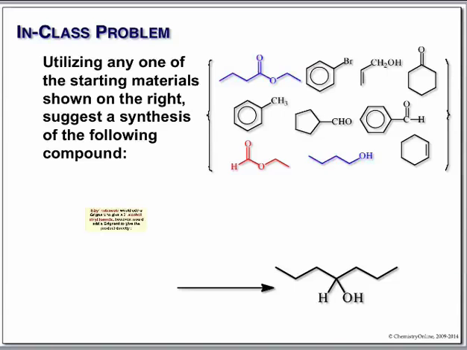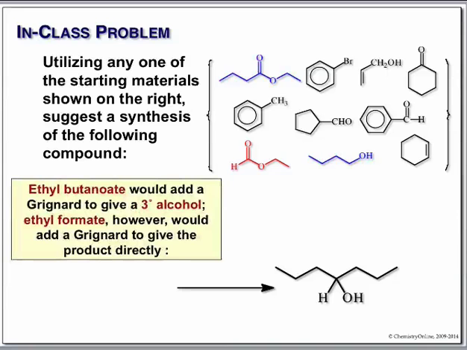The one that's going to work is the ethyl formate. Remember, the group that's attached to the ester, this one or this one, is going to survive. What we need here is the hydrogen to survive, and we need to add Grignard twice.